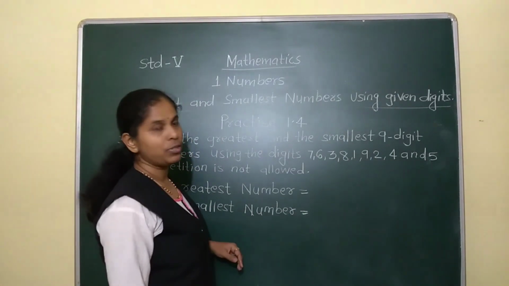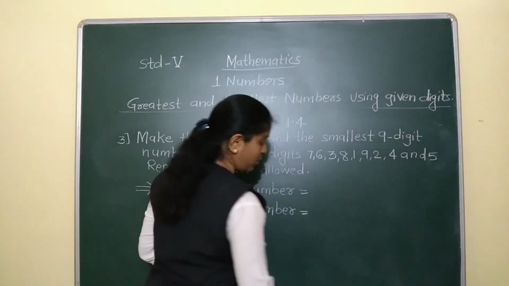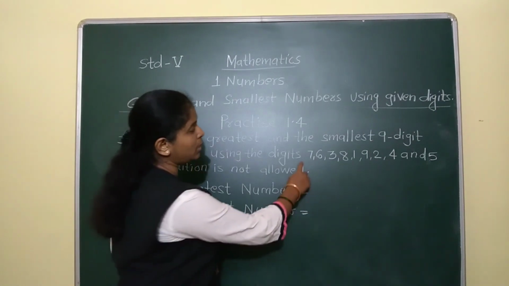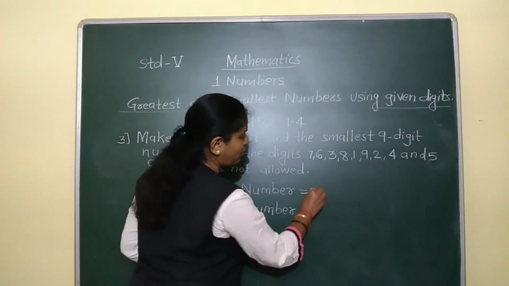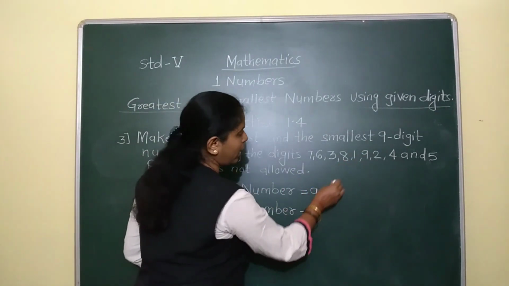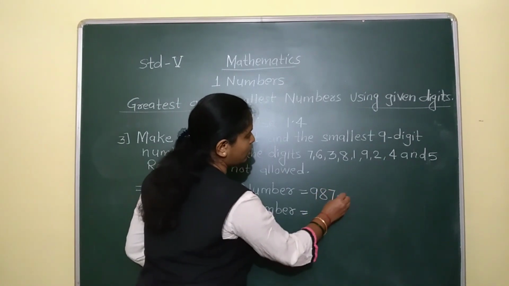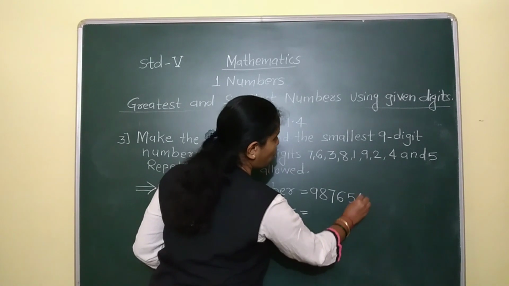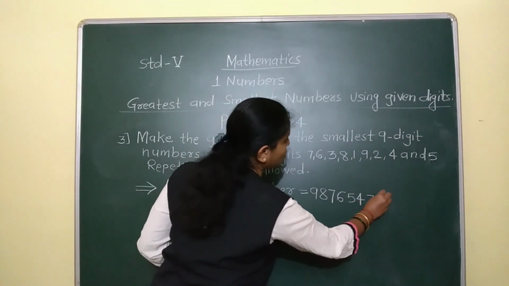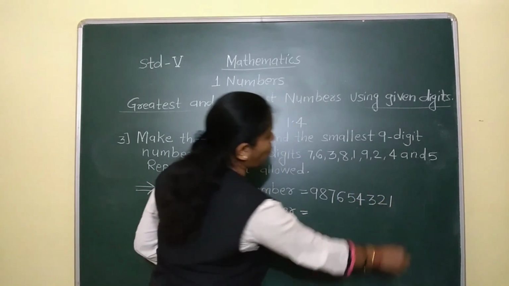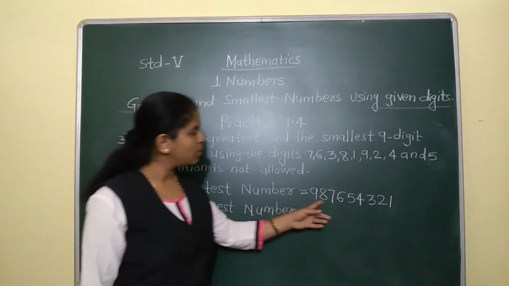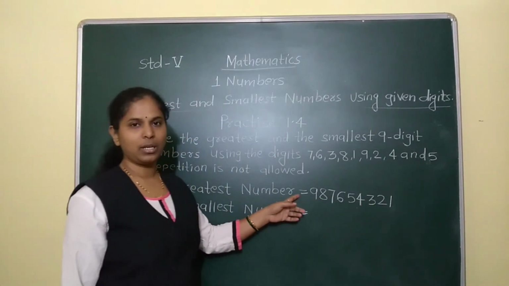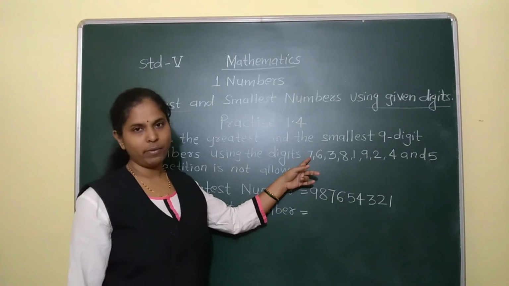So first, from these digits, which is the greatest digit? See here, 9. So 9 will come first, then 8, then 7, then 6, then 5, 4, 3, 2 and 1. So this is the greatest 9-digit number we made by using the given digits.